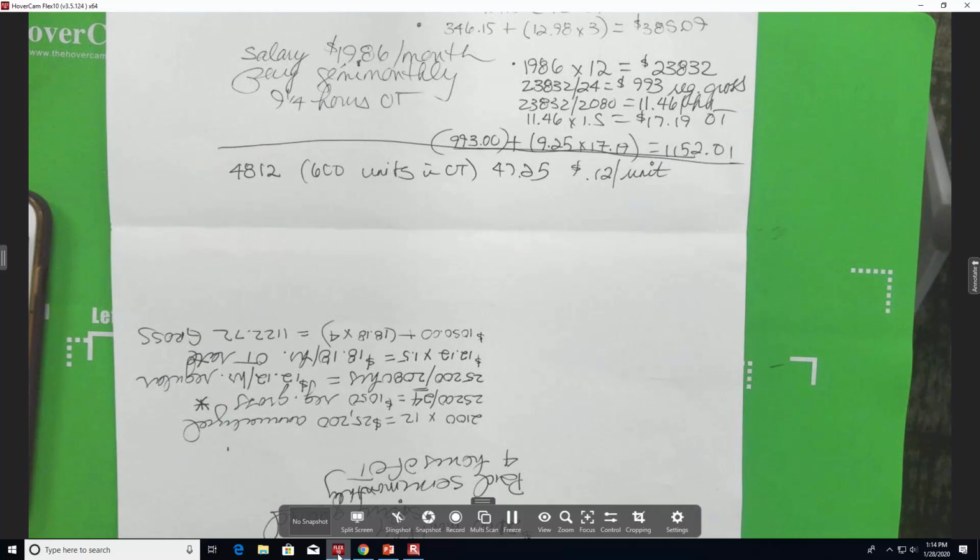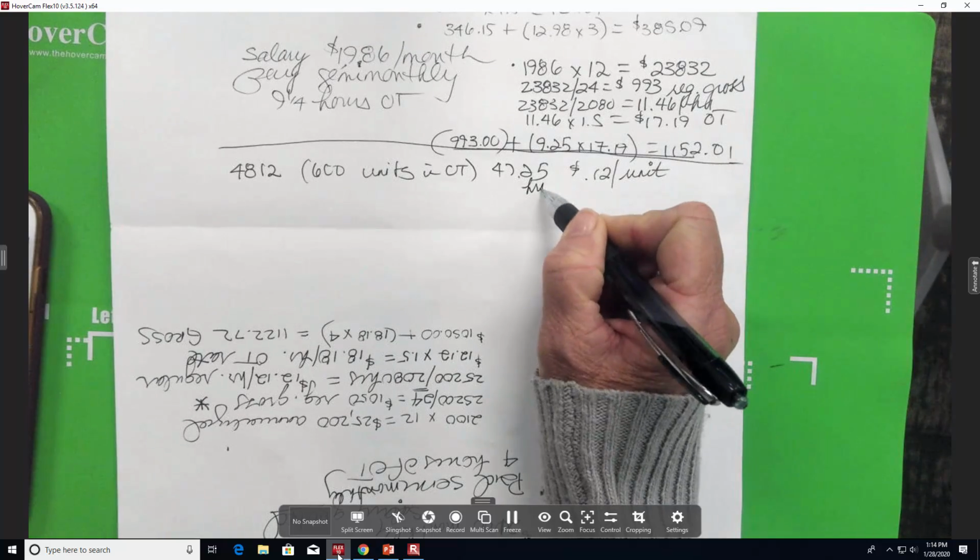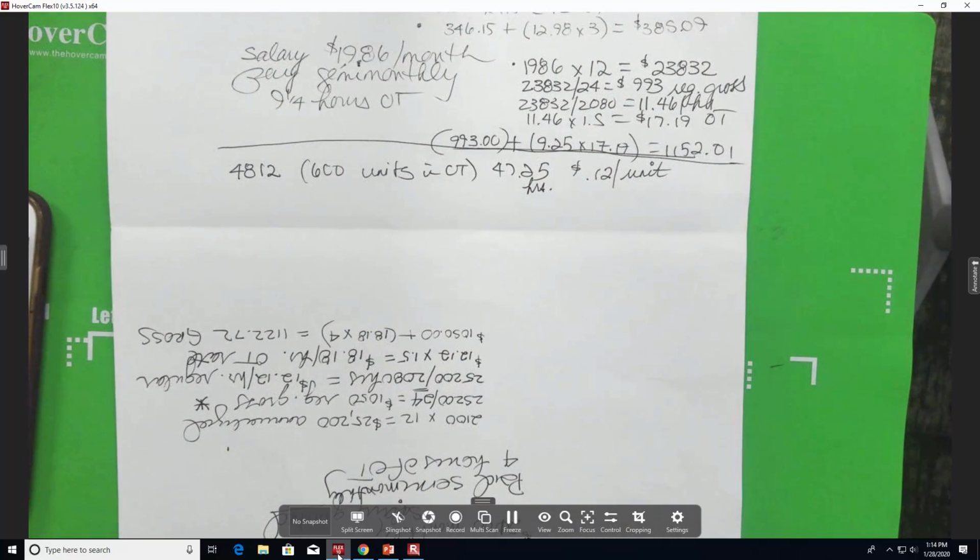And for every bottle, let's say, I get 12 cents. In one work week, I work 47.25 hours and I inspect 4,812 bottles of raw honey.